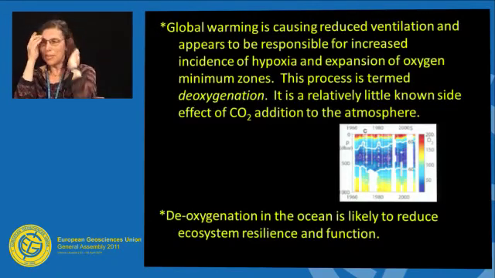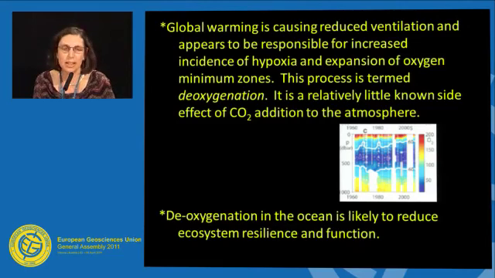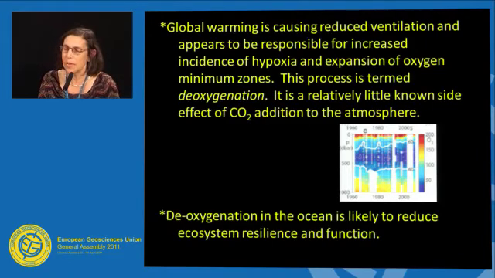Now, as you heard also from Carolyn, global warming is causing reduced ventilation of the ocean waters and thus declines in oxygen and increases in what we call hypoxia. And this means also that the oxygen minimum zones are expanding and shoaling. And this is a process that we call deoxygenation of the oceans. And as she mentioned, it's a relatively little known side effect of CO2 addition into the atmosphere.